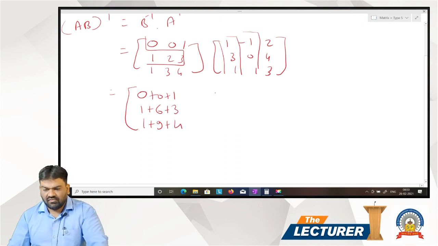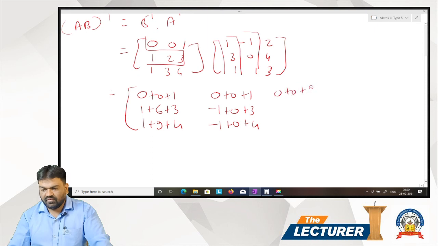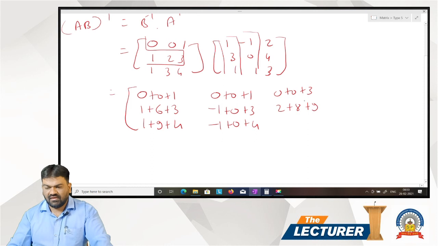Second row: 0 plus 0 plus 1, minus 1 plus 0 plus 3, minus 1 plus 0 plus 4. Last column: 0 plus 0 plus 3, 2 plus 8 plus 9, 2 plus 12 plus 12.